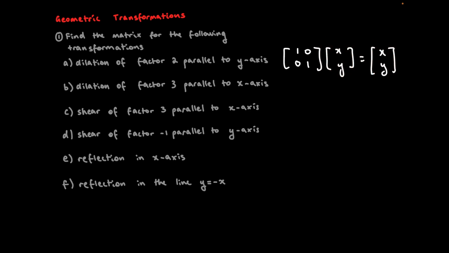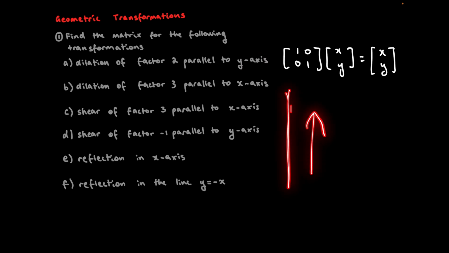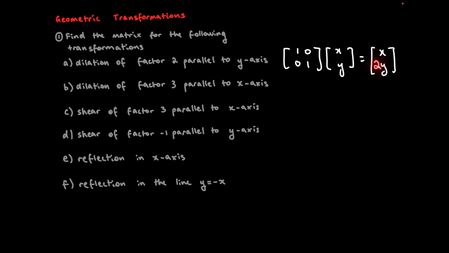So how on earth will I get the identity matrix to describe a dilation of scale factor 2 parallel to the y-axis? Well, if it's a dilation parallel to the y-axis, if it's parallel in this direction, that means I'm stretching out my y values upwards. That means my y values should become twice as long for the same x value.